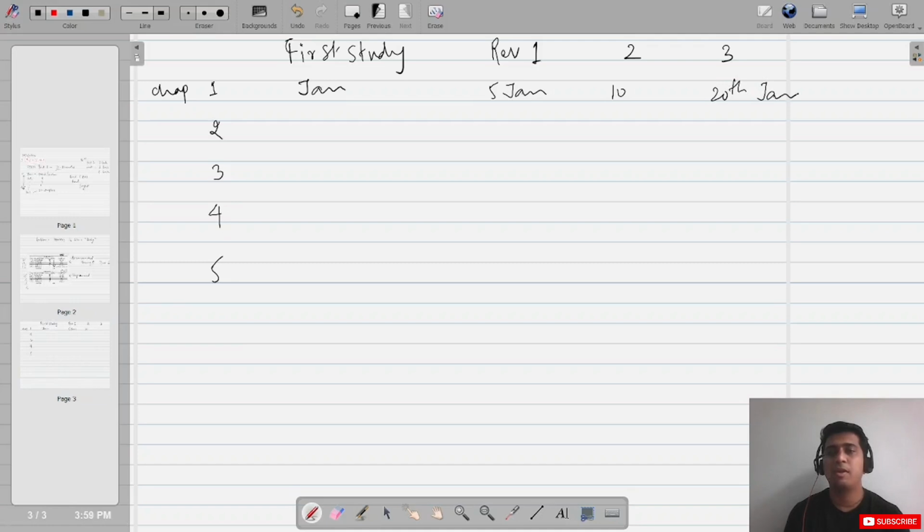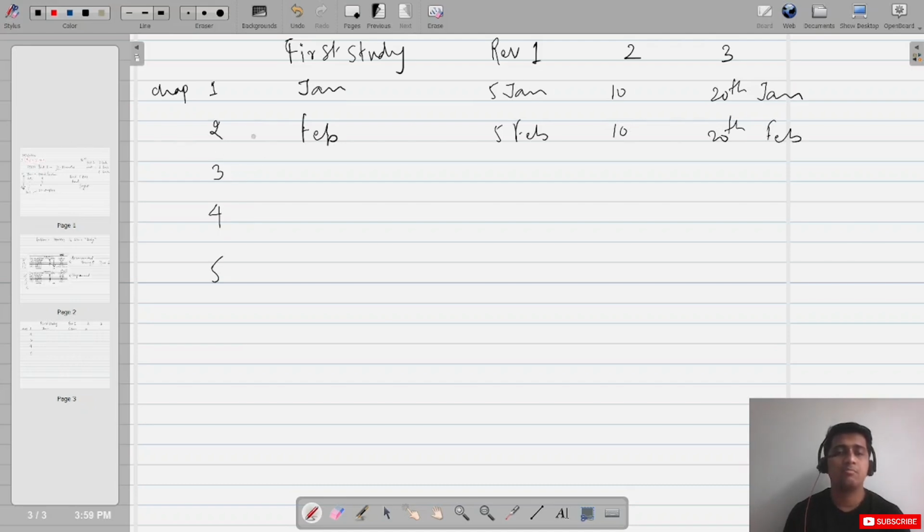This way you can plan your revisions, right? Then for February, again 5th Feb, 10th Feb and 20th Feb. This way you can have it.